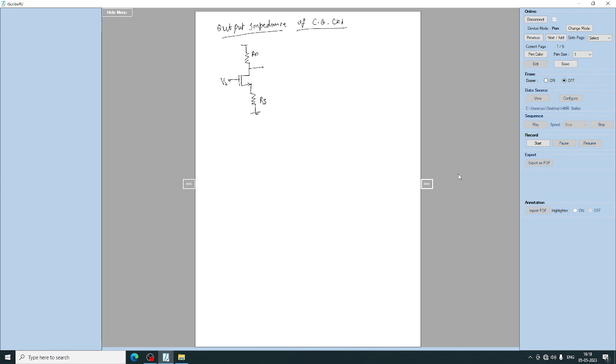Since we are finding the output impedance, we apply the voltage Vx at the output terminal, and the current due to Vx will be Ix. So Vx by Ix is the output impedance we have to find.